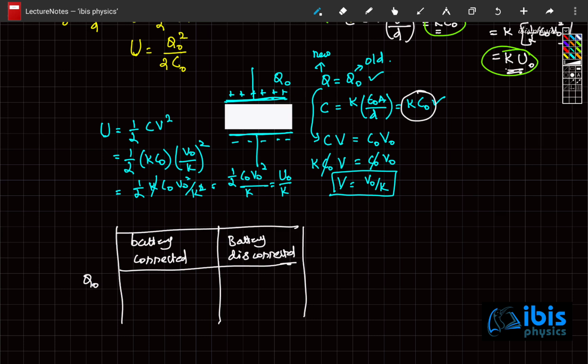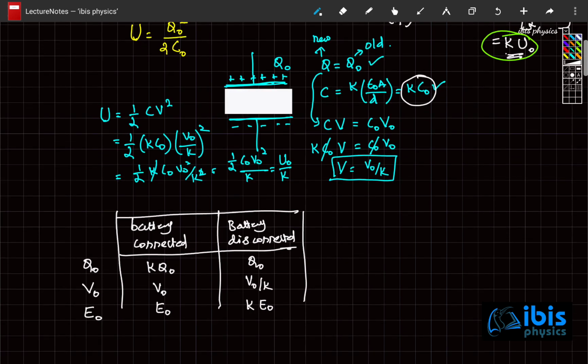With battery connected, it becomes K times Q naught; with battery disconnected, it is still Q naught. And the initial potential is V naught. With battery connected, it is still V naught; with battery disconnected, it is V naught by K. And the initial electric field is E naught. With battery connected, it is still E naught.